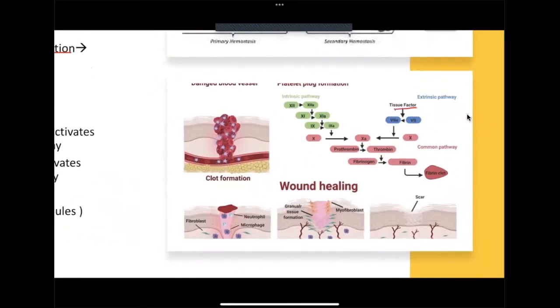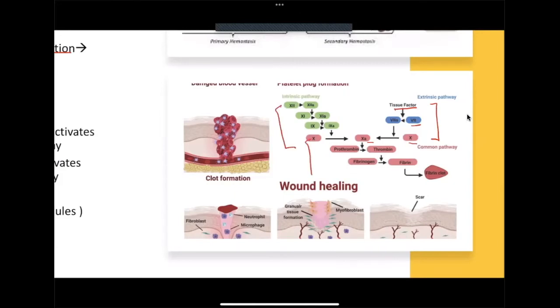So tissue factor activates factor 7, forming activated factor 7, which can activate factor 10 and form activated factor 10. And we can see that this pathway is shorter than this pathway.